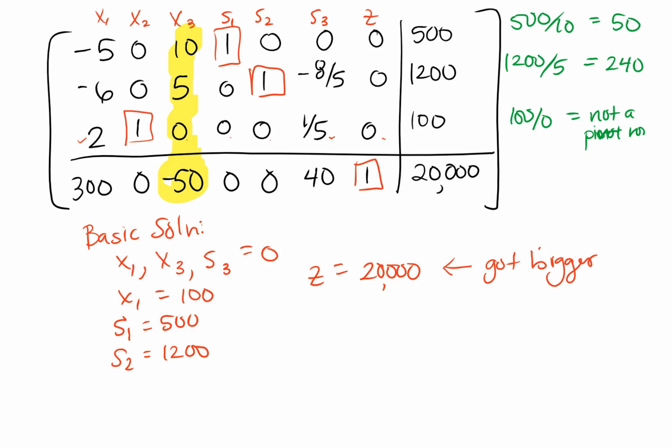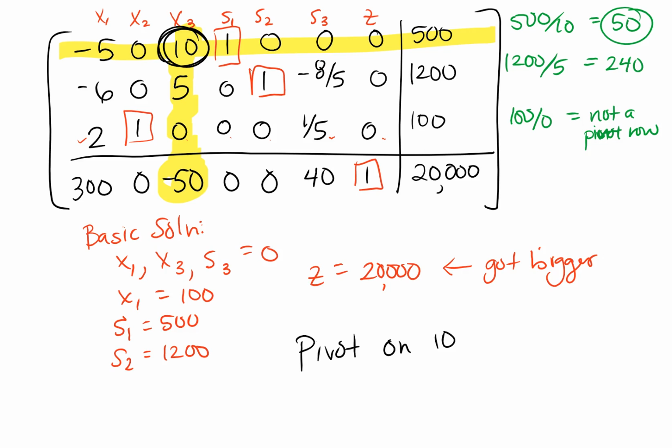The smallest non-negative is 50, and so our pivot row is going to be row 1. So we need to pivot on the 10 that's in row 1. So now we're going to pivot again, and we'll pivot on the 10 in row 1.